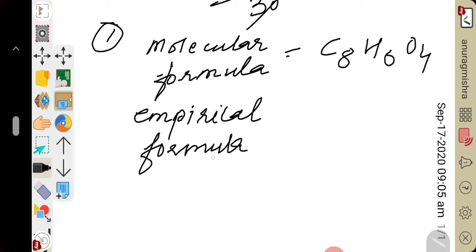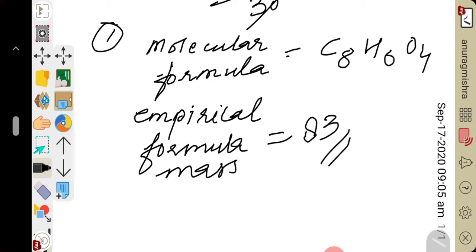Empirical formula mass is equal to 83. So what is given in the numerical? The molecular formula of a compound is C8H6O4 and the empirical formula mass of the compound is 83. What do you have to calculate? You have to calculate the empirical formula of the compound.